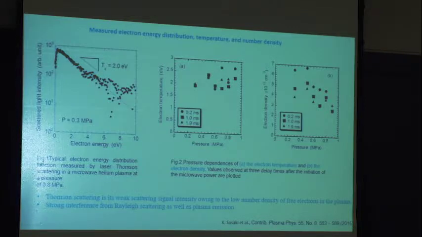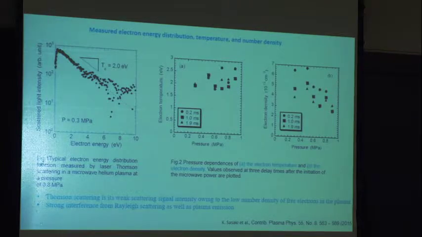Then if you change the system pressure to 10 atmospheres, because microwave is a very effective discharge at high pressure, you can see the electron temperature slightly increases, not very much. I'm not quite sure why the temperature increased with pressure.